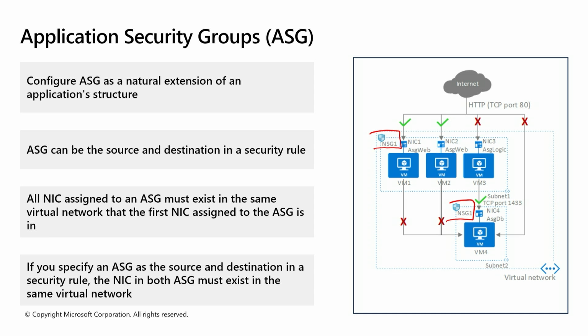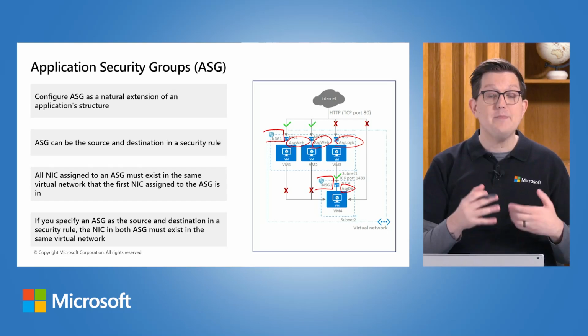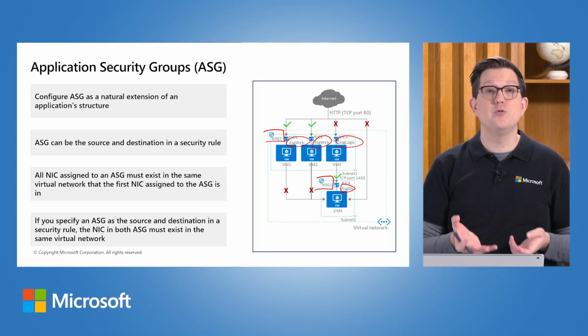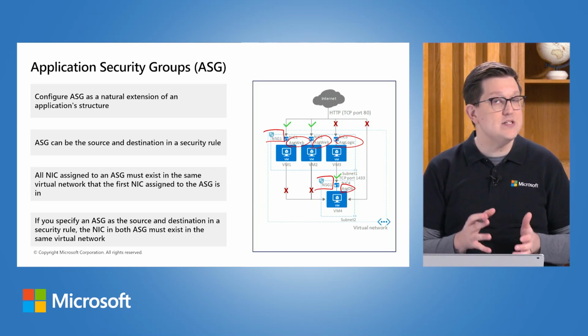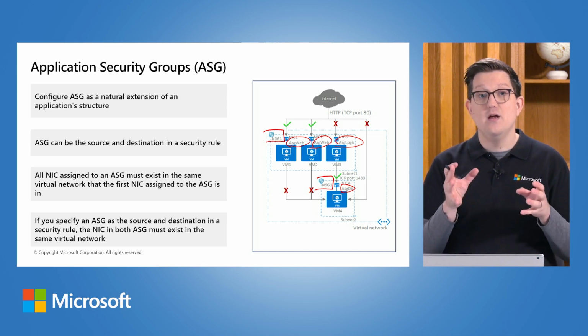We create something called ASG Web, and I allow traffic from the internet to come into servers that are tagged with ASG Web. But if they're not, deny the traffic. I allow the logic box to communicate to the database in the backend, but no other servers can follow that pathway. Application security groups allow you to put role tags onto resources in Azure.